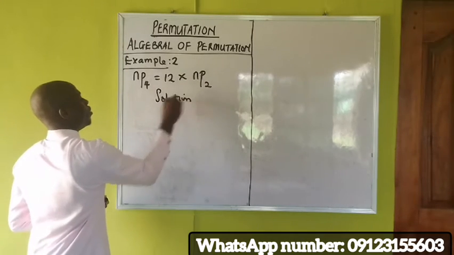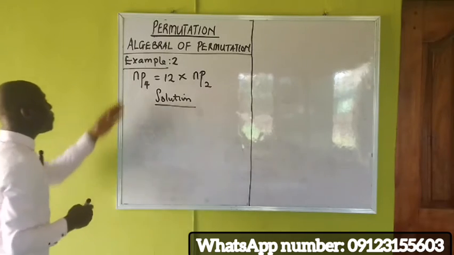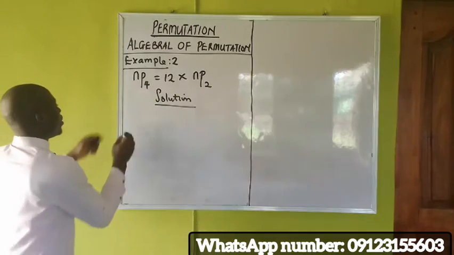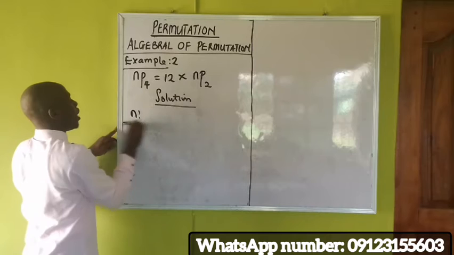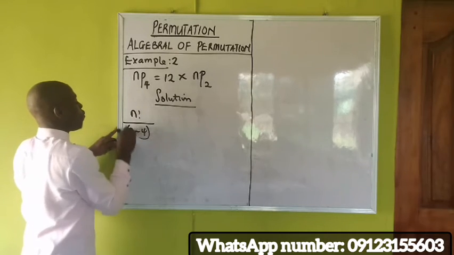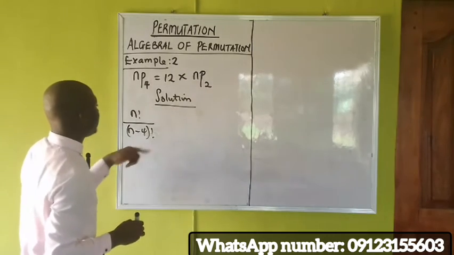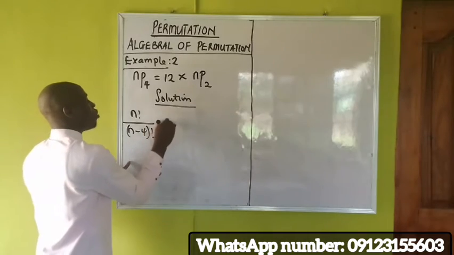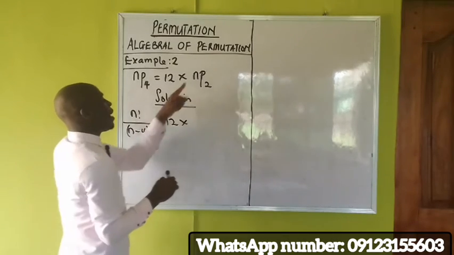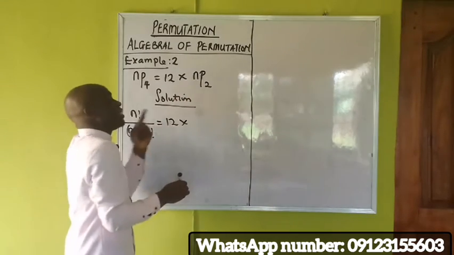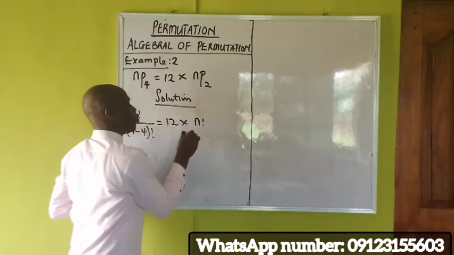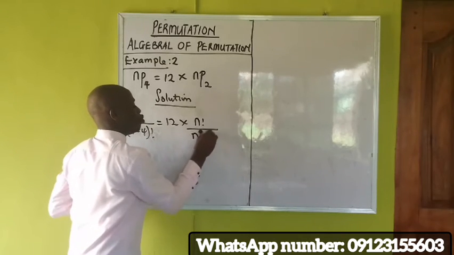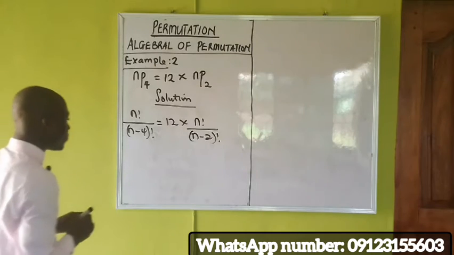We said n permutation 4 can be written as n factorial over n minus 4 factorial. This is equal to 12 multiplied by n permutation 2, which can be written as n factorial over n minus 2 factorial. I have this at this point.